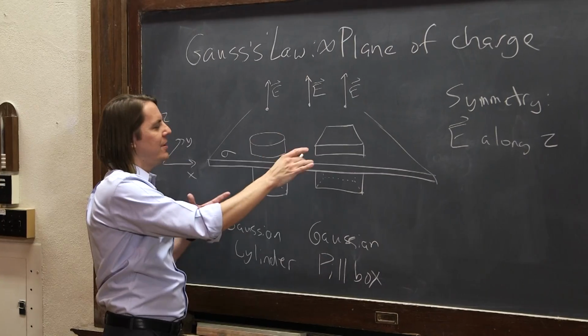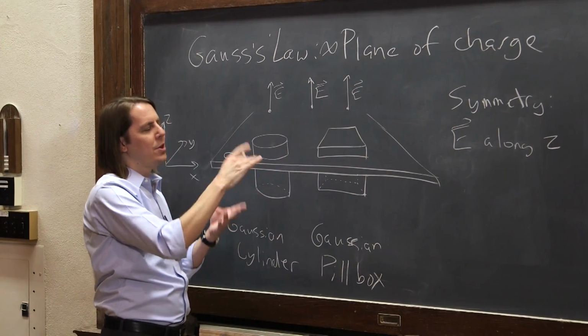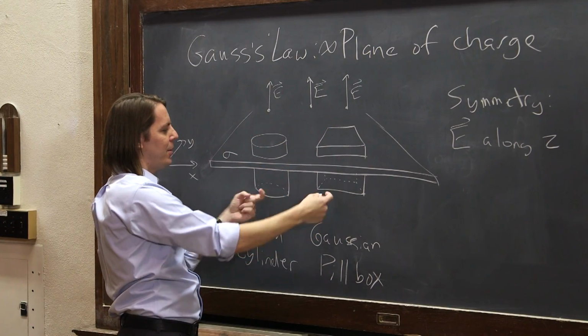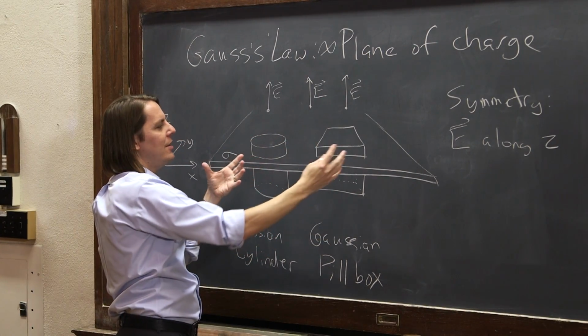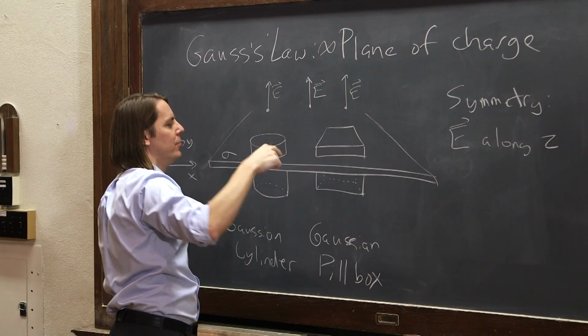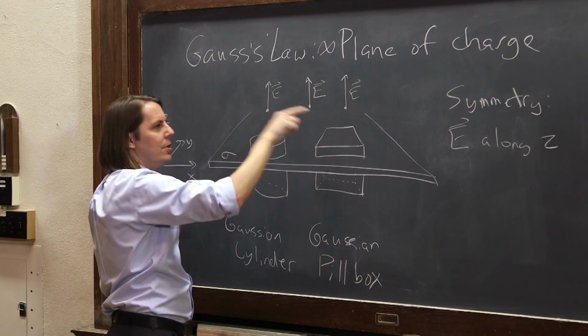Right? So each one of these actually has sort of 3 kinds of surfaces. They have a top that has its area vector in one direction, they have a bottom that has it in the opposite direction, and they have sides, which in terms of Gauss's law are actually equivalent, because the sides all have area vectors that point perpendicular to the E field.